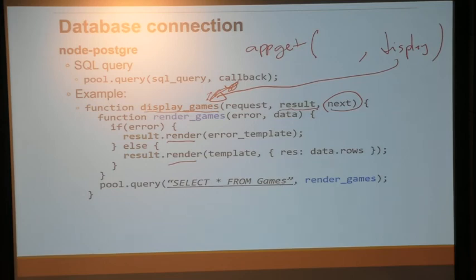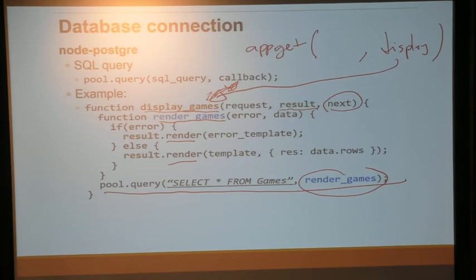If you want to send your query to the SQL server, you say pool.query. This function will return immediately, but after it returns, once the pool receives the data from Postgres, it will call this render games, which is this function. So we're using the callback method. The reason why we're using the callback method is because your SQL might be very, very slow.